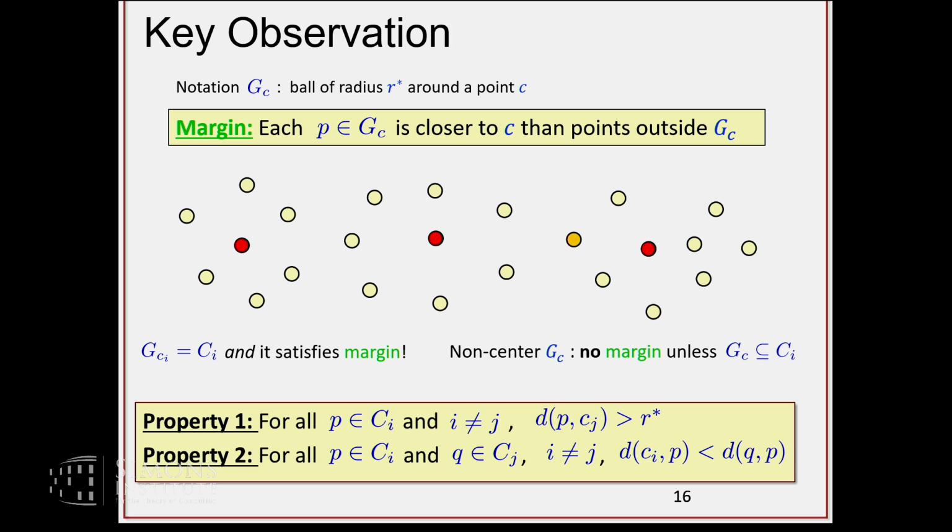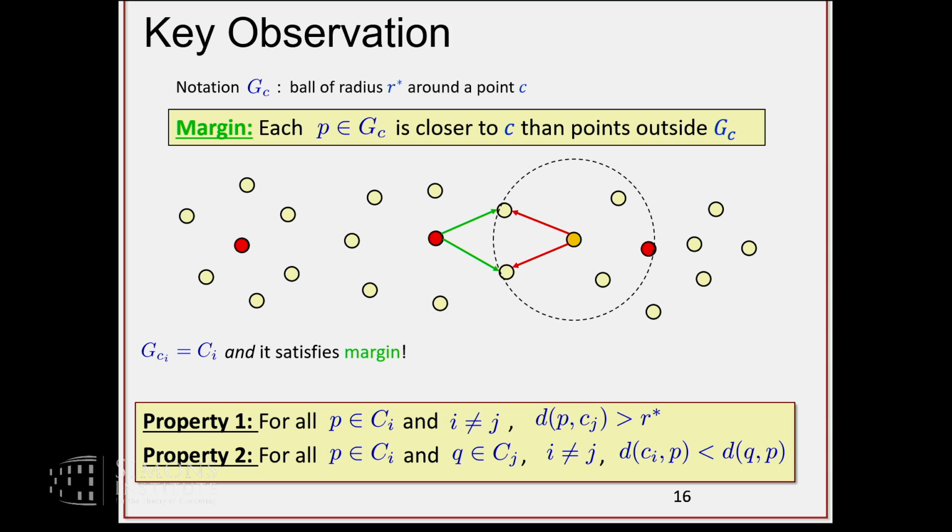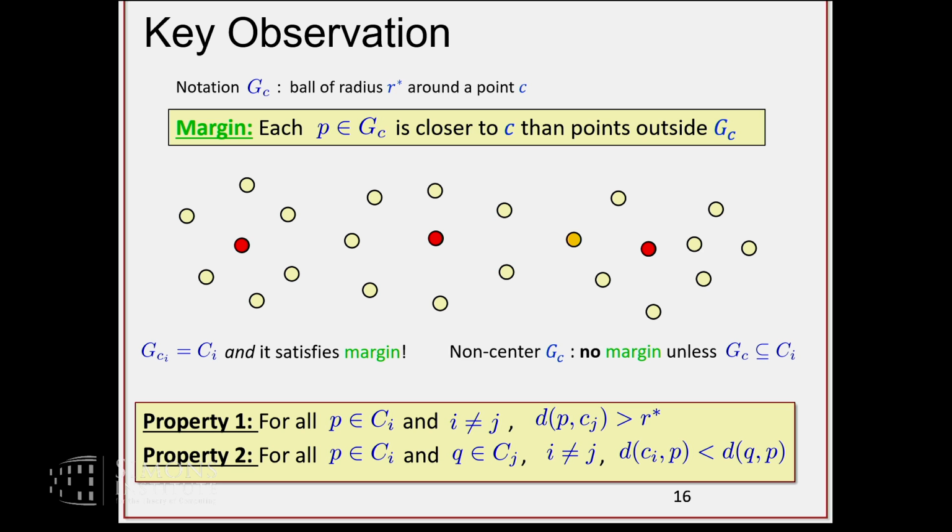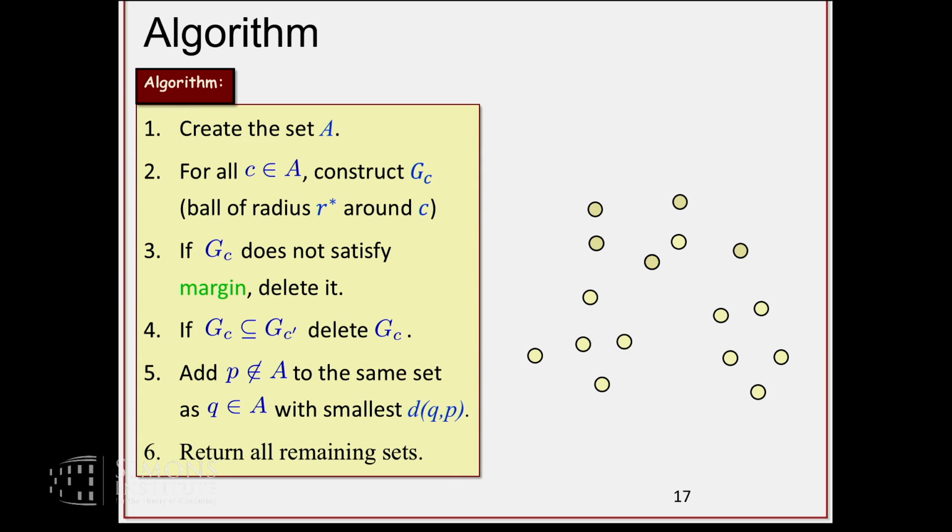There's one more case: if we just got lucky and this ball had nothing from any other clusters, then it will satisfy margin, but that's also a good case for us. The takeaway from this slide is that balls around centers are really nice, but balls around non-centers are not so nice, and we can detect this. So this implies the algorithm.